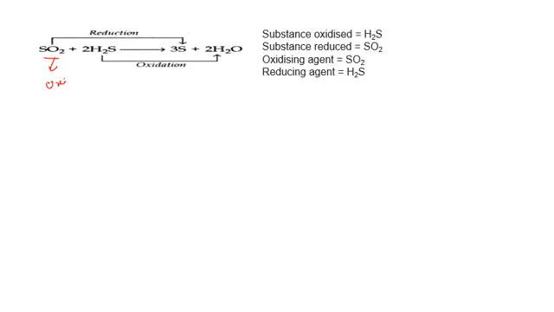So oxygen is gained over here, changing into water, so oxidation is taking place. So in this case, H2S is oxidised, changing into water, so H2S is a reducing agent.